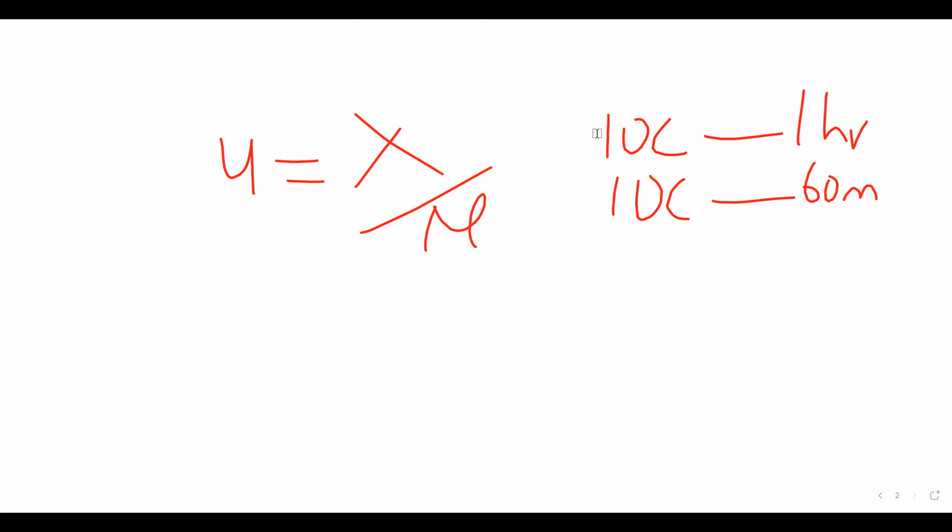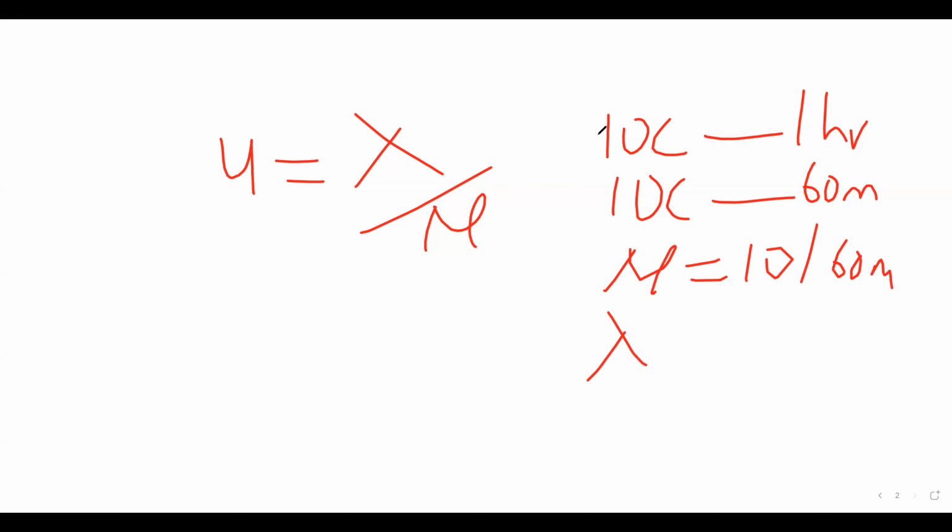Now remember, it said that the system has one service facility, and that one service facility serves 10 customers per hour. So that 10 customers per hour is the same as what? The service rate. So 10 customers are being served every hour. So mu is equal to 10 customers per 60 minutes, or per hour.